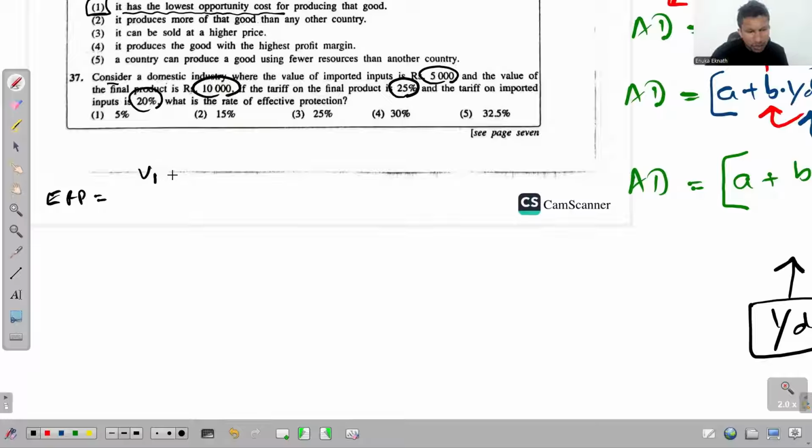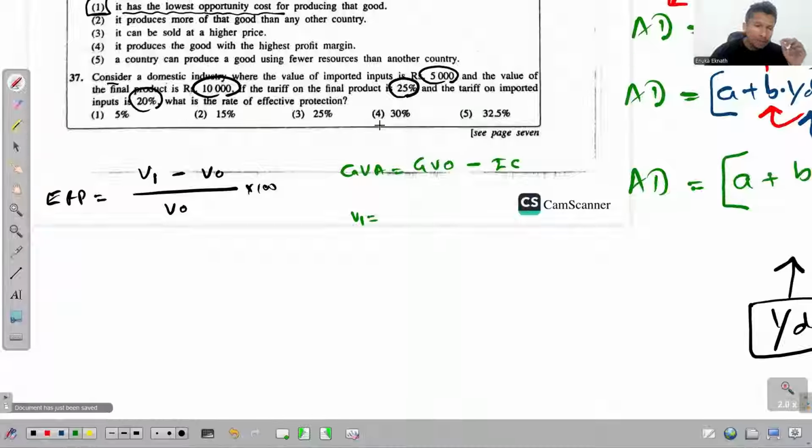Simply, that is V1 minus V0 over V0 multiplied by 100. And what is V1 in this equation? V1 is the domestic value addition under the tariff system. So how do we find this domestic value addition? Gross value added is equal to gross value of output minus intermediary consumption.